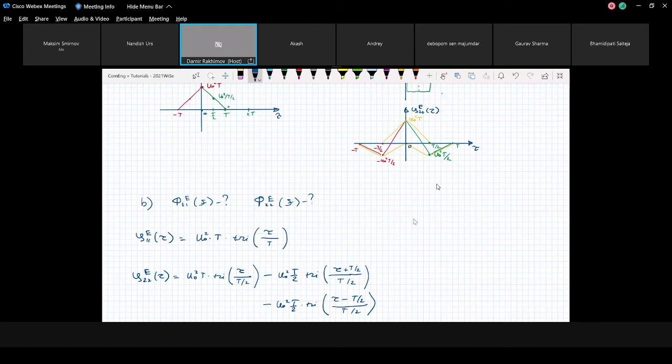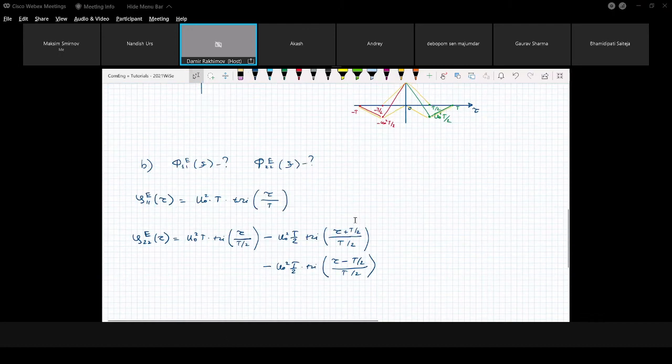And now we have to calculate the Fourier transform. Let's do it for the first correlation function. For the first correlation function, we calculate the Fourier transform and we get the energy spectral density. So phi y1 of f. We have a simple triangular function, and we have the Fourier transform for a triangular function.